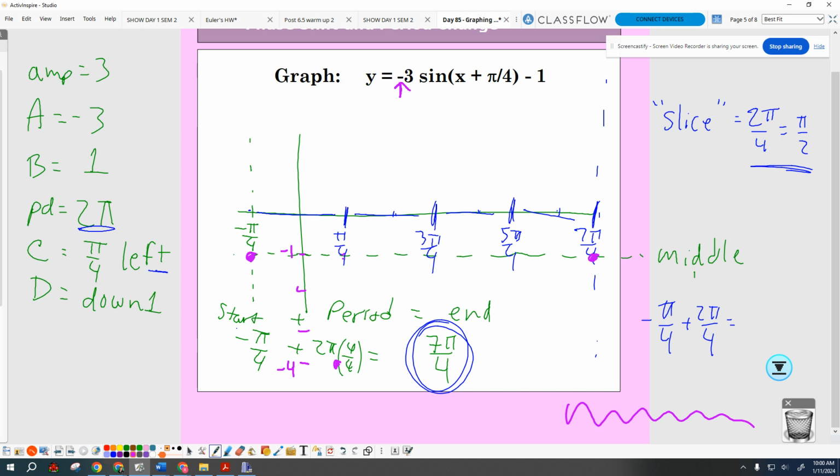What's the next coordinate? We just did this. Pi over 4, -4. Okay, that's the one we just did. What's the next one? 3 pi over 4, -1. Back to the middle. Eden, what's the next coordinate?